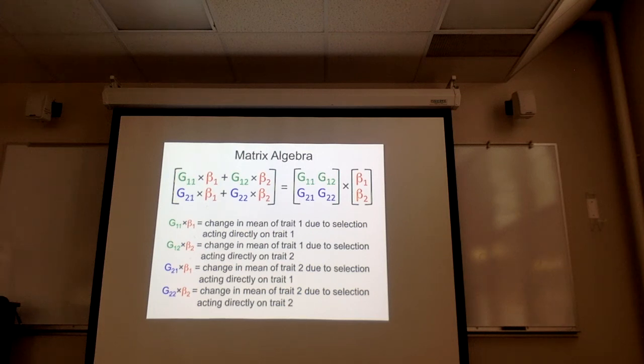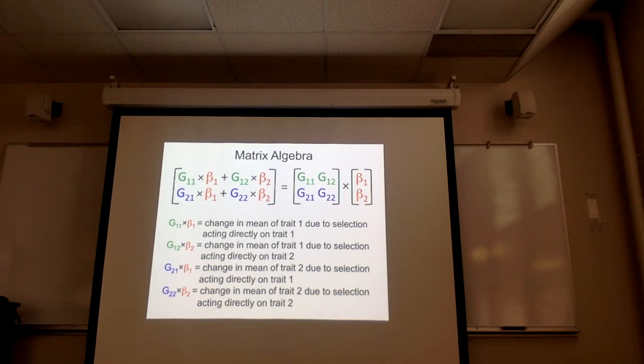Well, what am I going to multiply that times? I want to multiply that times the direct effect of selection on trait 2, beta 2. Well, if I'm going to do that, then I want to know the indirect effect of selection of trait 1 on trait 2, beta 1 times G21. And those things added up will tell you what direction selection is going.